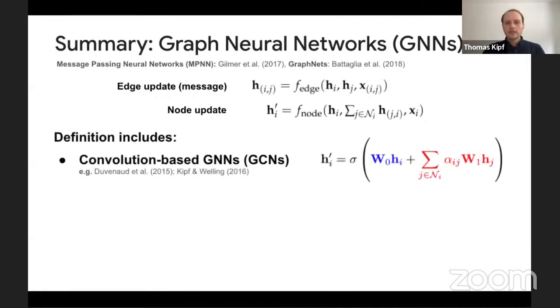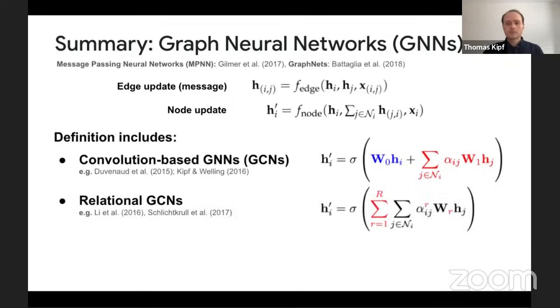And just for completeness, there are of course many flavors of this and a myriad of architectures these days that fit into this description, starting from convolution-based graph neural networks that essentially just use linear message functions, where you would also have a weighting factor here, alpha_ij, for each edge that is typically defined by the graph structure itself.